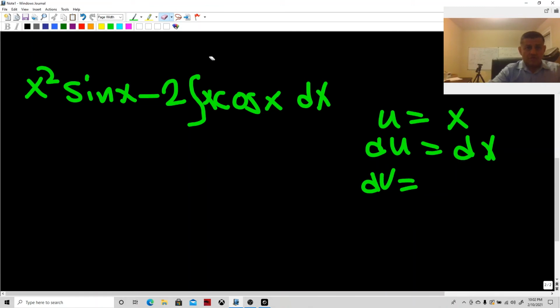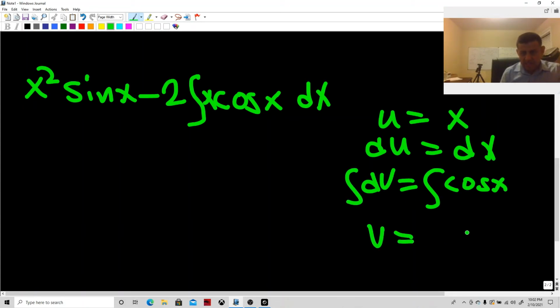When we integrate that on both sides, we get that v is equal to what? Now I am taking the integral of, actually, no, sorry, I made a mistake here. I'm telling you, you've got to be careful with this. See, this should be sine.